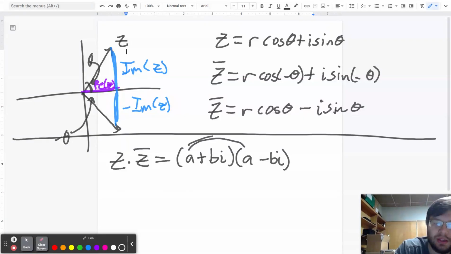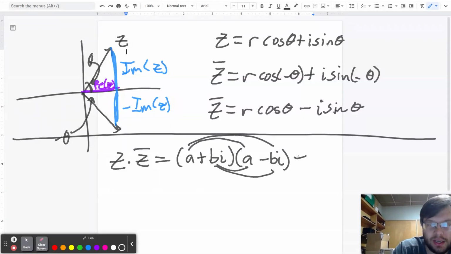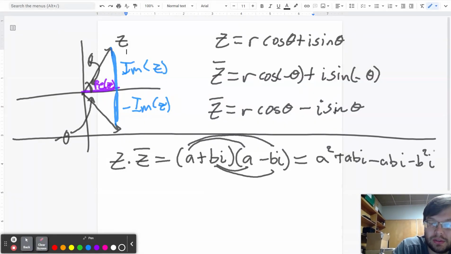So a times a, a times negative bi, bi times a, and bi times negative bi gives me a squared minus abi plus abi minus b squared i squared. That ends up giving me, because these cancel out, a squared plus b squared.